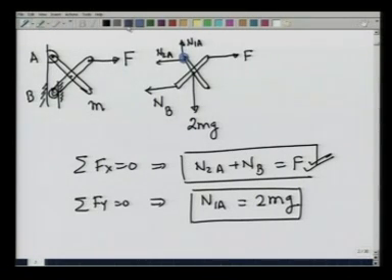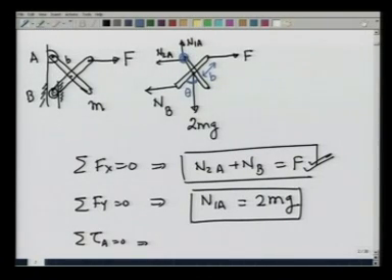Let the length of half of the bar be b, and let the entire angle be theta.